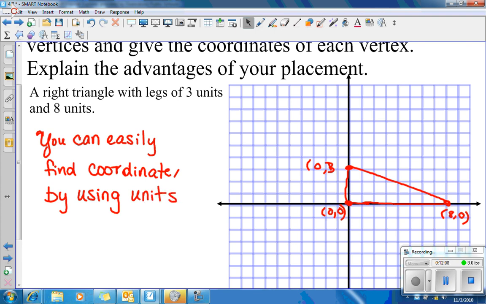Very good. So she said you can find your units easily. They'll start at 0, 0, and that means that you can find your coordinates fairly easy by using those units. So the easiest thing to do is to start at 0, 0, or around the x and y origin. Okay, or the origin of the graph, the x and y axis.